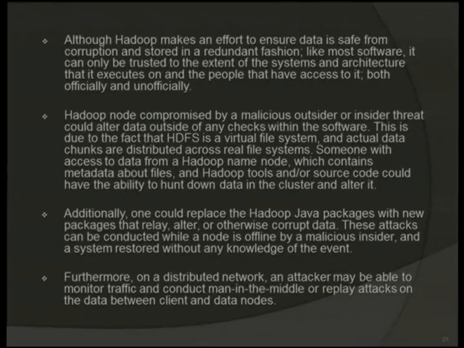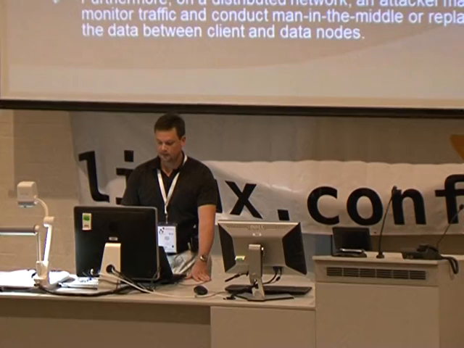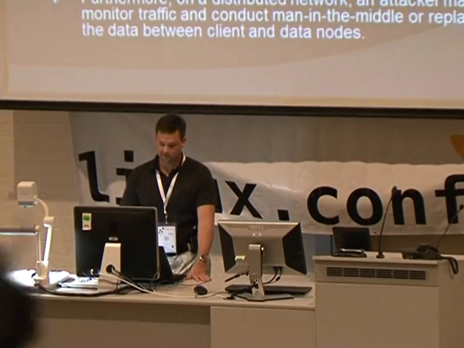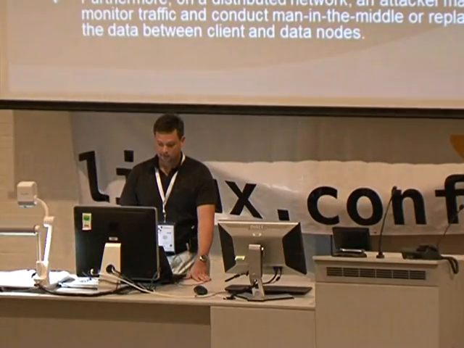It makes a lot of effort to ensure that the data is safe from corruption and stored in a redundant fashion, but it can only be trusted to the extent that the people who have access to it, officially or as outsiders, are trustworthy. Basically, a Hadoop node compromised by a malicious outsider or insider could alter the data outside of any checks within the software.